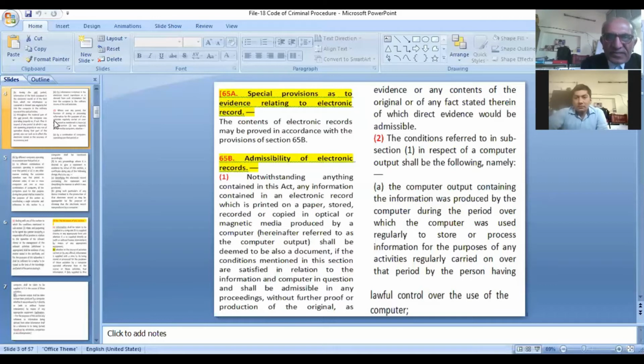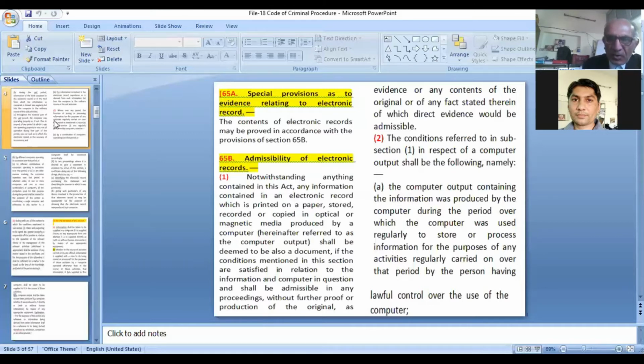Therefore, this clause, section 65B, is regarding computer output: information in a printed form or in a stored form, in a copied form, in a recorded form by a computer is being designated as a computer output.